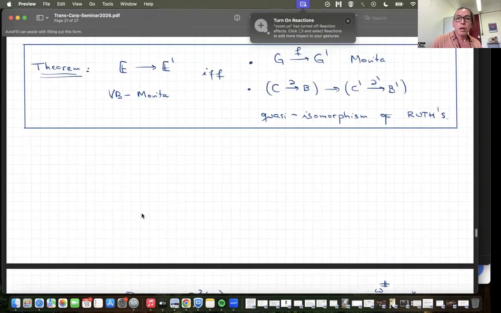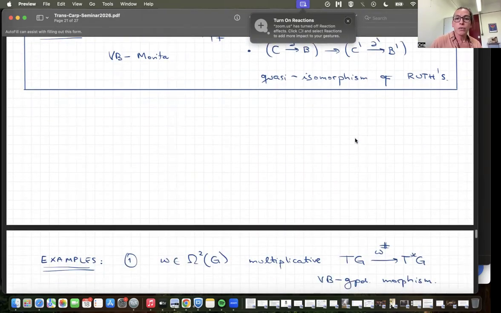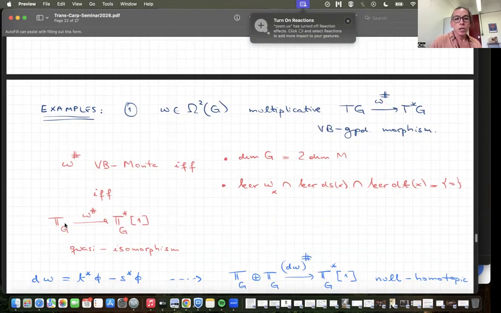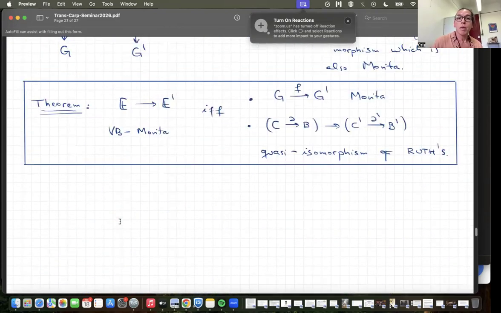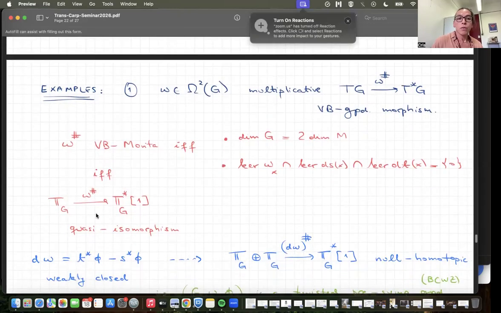So the complexes that appear here in the theorem, in the special case of the tangent and the cotangent, will be the tangent complex, which is given by the anchor, and the complex given by the dual of the anchor shifted by 1. So I'm going to denote by omega sharp the map induced at the level of complexes. And because of this theorem, omega sharp is VB Morita if and only if this map is a quasi-isomorphism.